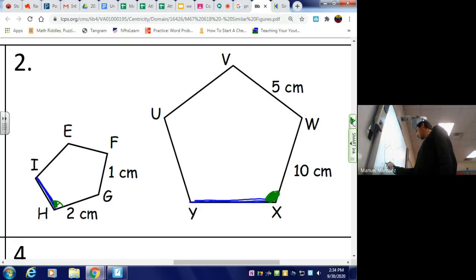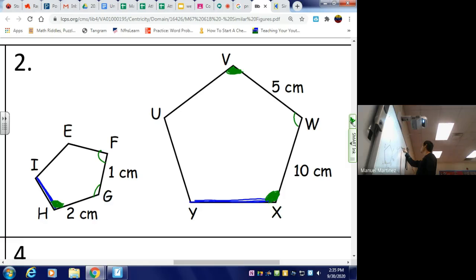Because we're not sure, let's compare two other angles. So are these angles the same? Again, to me, it looks like they are not the same. Are these two angles the same? Again, it looks like they are not the same. These two are definitely not the same, okay?